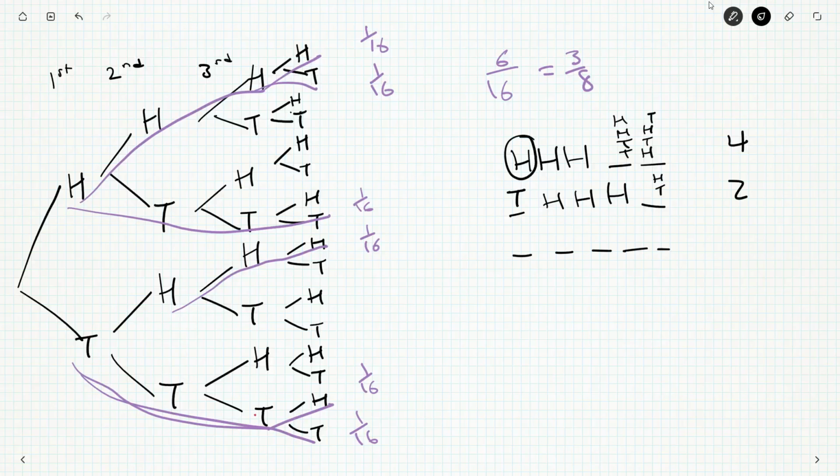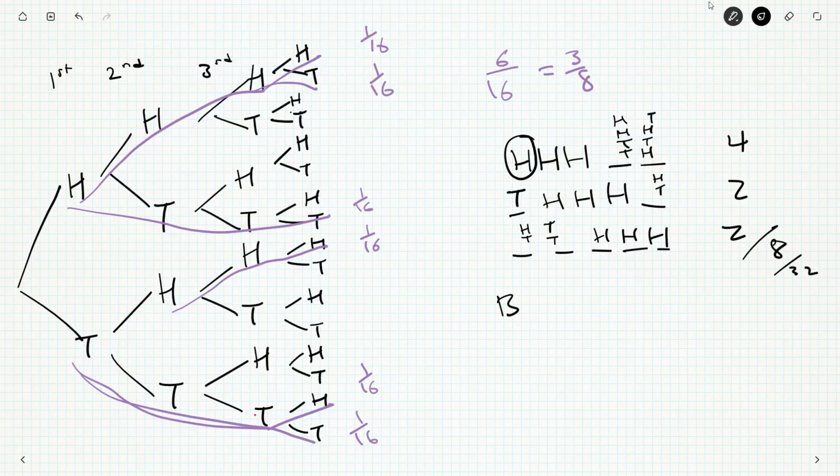And how about things that end in heads, heads, heads that don't already start with 2 H's or a TH? Well, that would have to start with an HT or a TT. Okay, so there's 2 ways to do that. So now there's 8 out of 32 ways to get 3 heads.